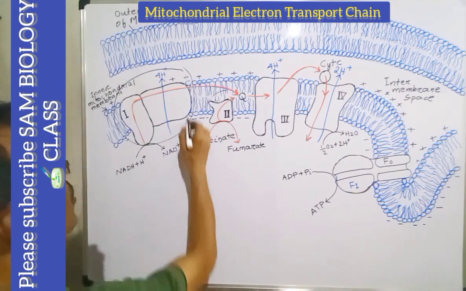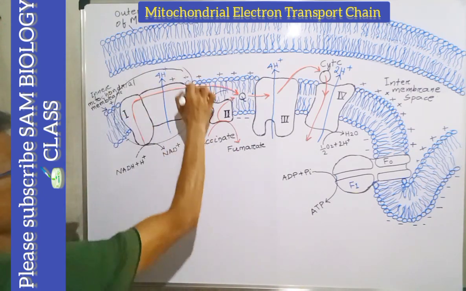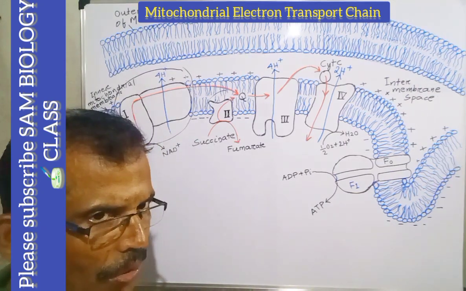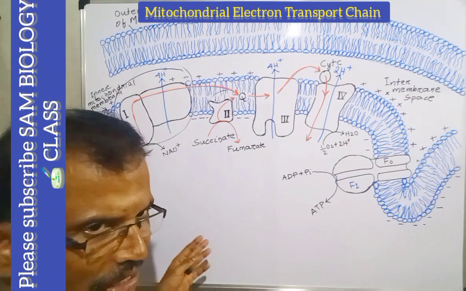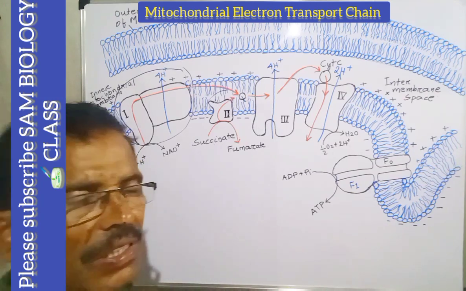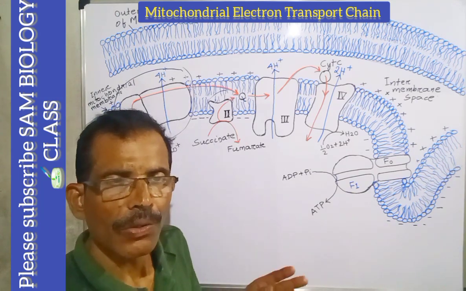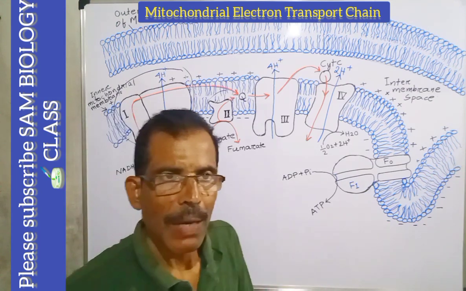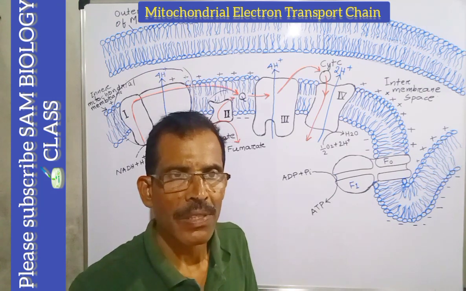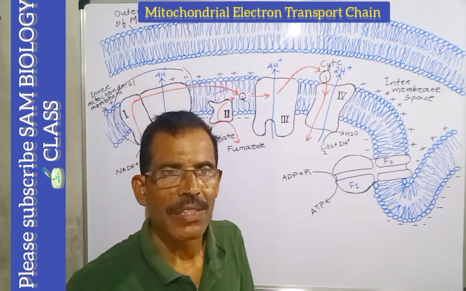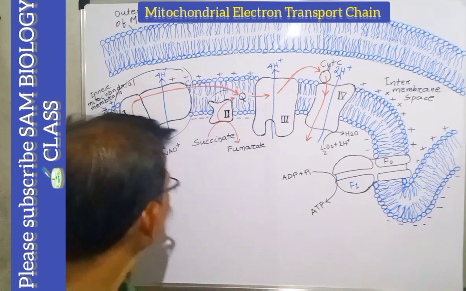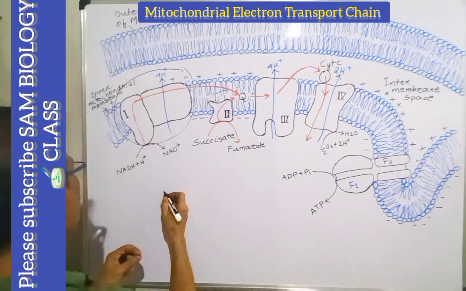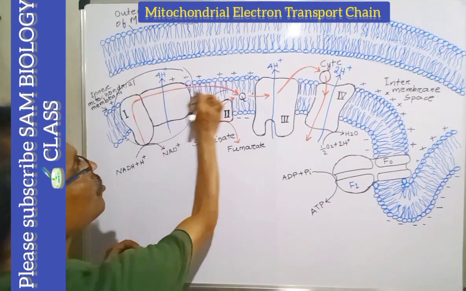Complex 1, also known as NADH dehydrogenase or NADH ubiquinone oxidoreductase, is a large enzyme which is composed of 42 different polypeptide chains including an FMN containing flavoprotein and at least 6 iron sulfur centers. Complex 1 is concerned with the transfer of electrons from NADH to ubiquinone.